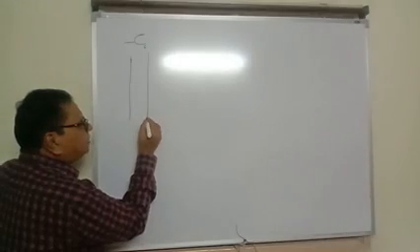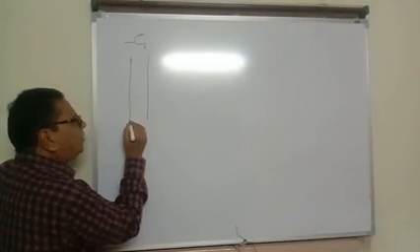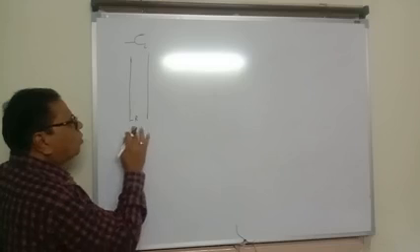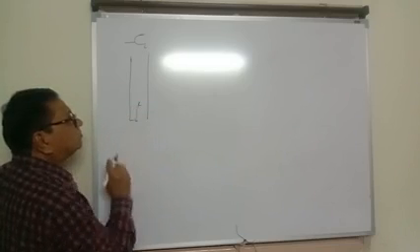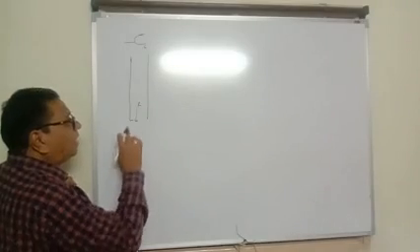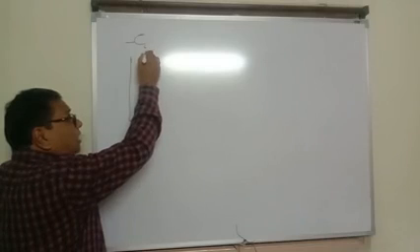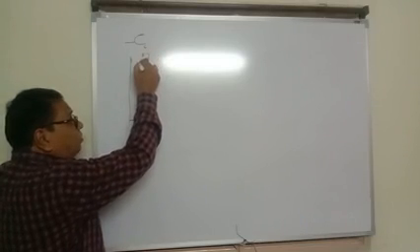When it reaches the open end, due to the rarer medium, it reflects as rarefaction. Compression is reflected as rarefaction. Again, this rarefaction reaches the opposite end of the pipe and is reflected as compression.